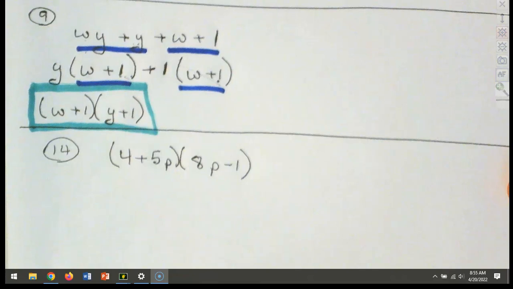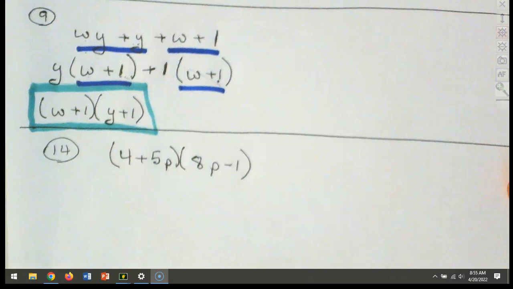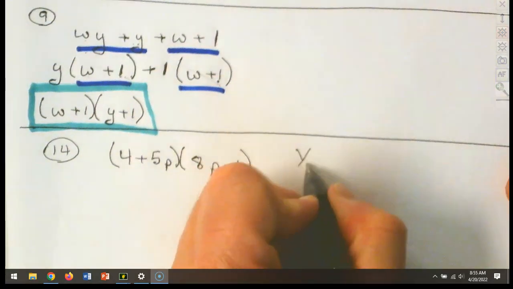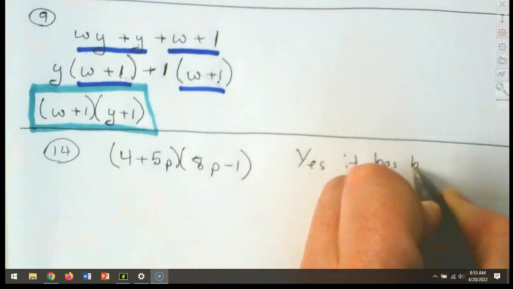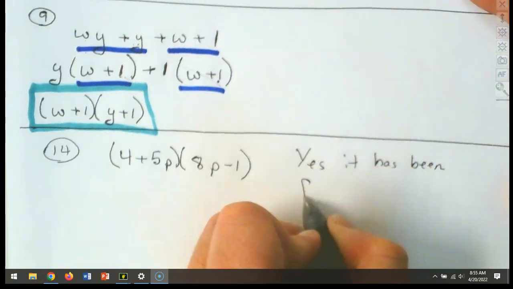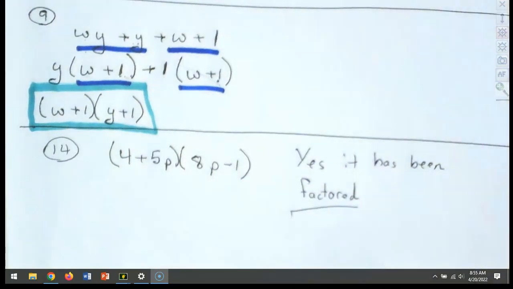They have to be in the same set of parentheses to come out. Nothing in common in the first set of parentheses. Nothing in common in the second set. So this has already been factored. So yes, it has been factored.